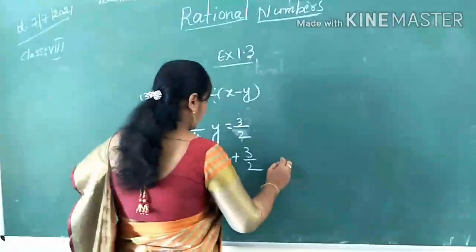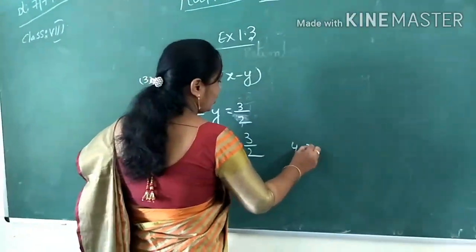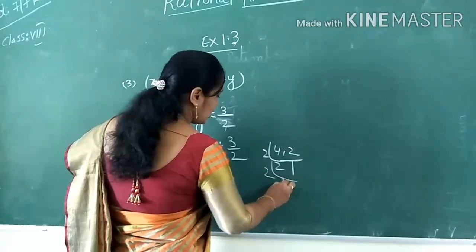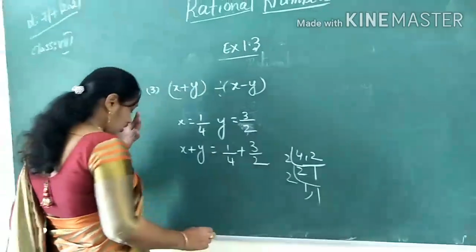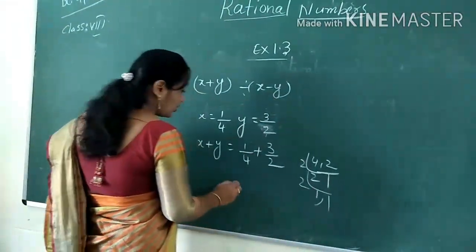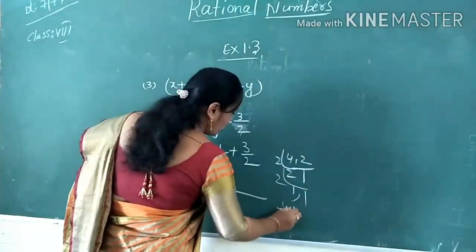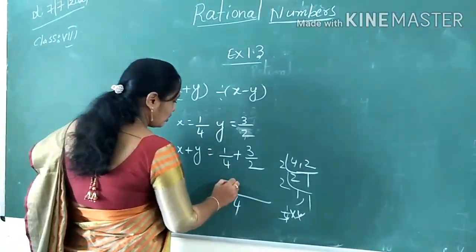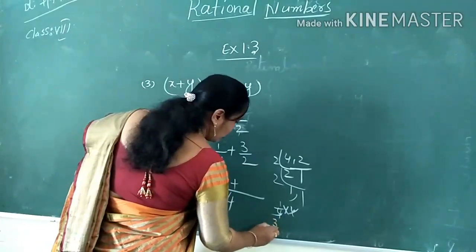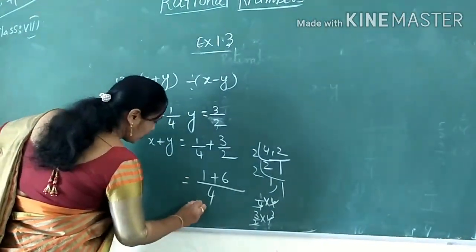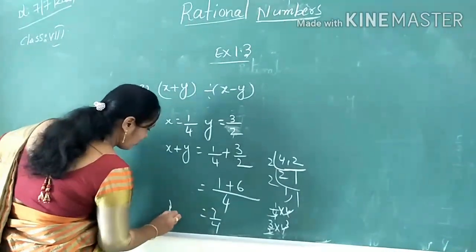So here we find the LCM of 4 and 2. The LCM is 4. 1 by 4 into 4, the 4s cancel, 1, plus 3 by 2 into 4, 2 twos are 4, this is 6. So 7 by 4. This one is the x plus y value.